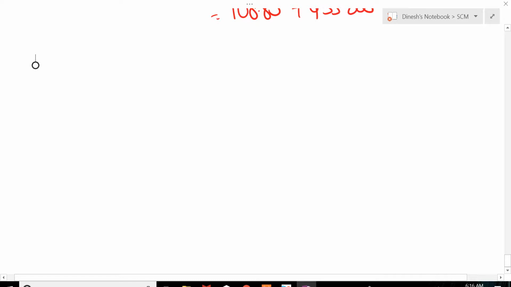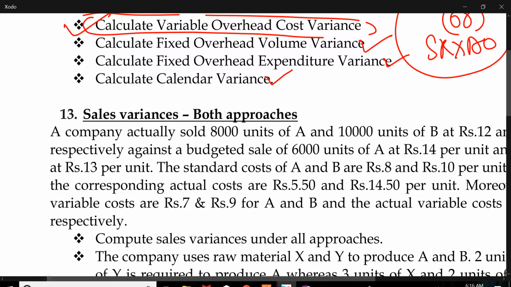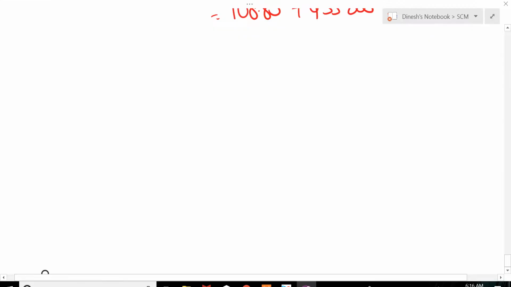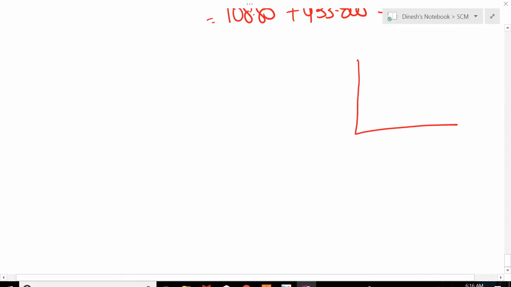Now as far as sales variances are concerned, there will be two types of problem, that is single FG and multiple FG. Let's discuss them and then I'll tell you to note down the chart. When it comes to single FG, there are basically two components of your sales variances. Like for material we had price and quantity, for labor we had rate and hours.